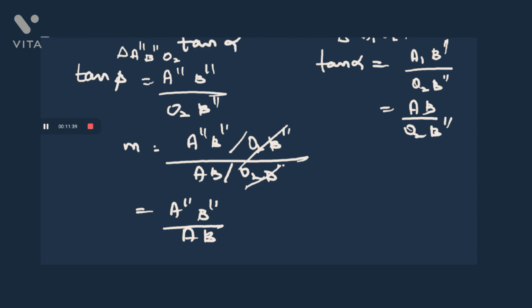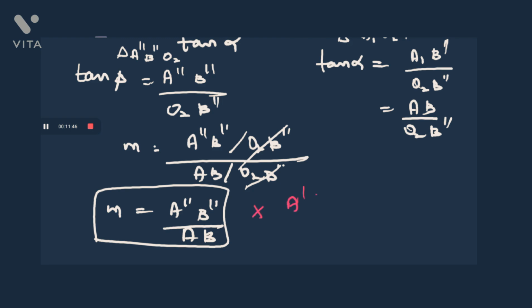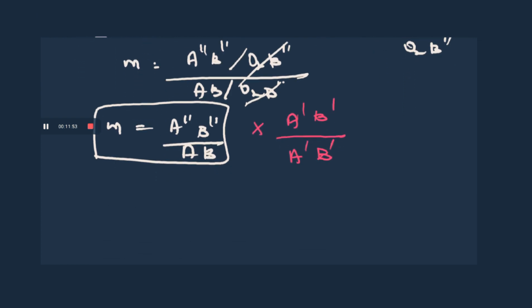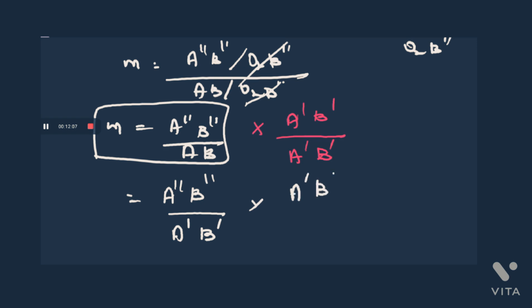For my convenience, this is the one I have got. What I am going to do here is multiply A'B' in the numerator and denominator to get the desired result. When I multiply and rearrange, I can write this as A''B'' by A'B' into A'B' by AB.